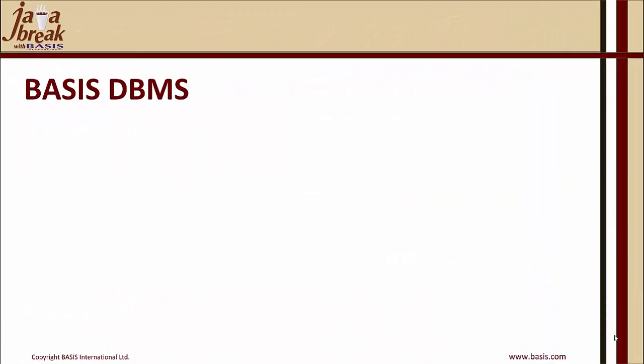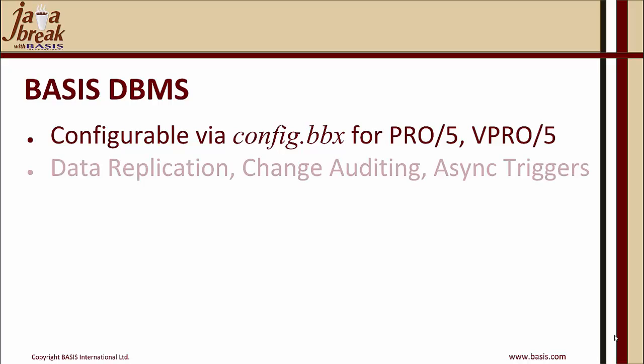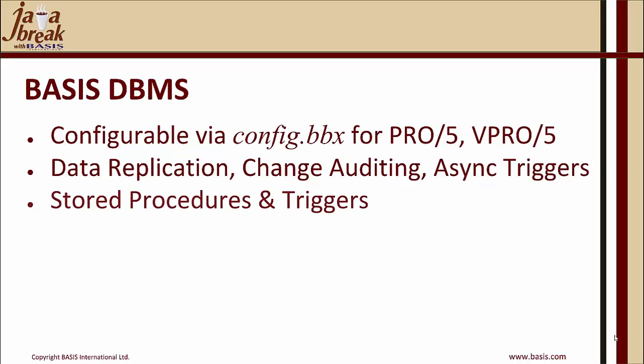Let's have a look at some of the highlighted features of the Basis DBMS that you can now have access to with the Extended Edition. It's configurable via the config.bbx for use with Pro 5 and Visual Pro 5 interpreters. You have data replication, change auditing, asynchronous triggers, stored procedures and triggers, Lucene search indexing, that's the Google-like fast searching that you can perform on any Basis data file without rewriting the data file in any way, shape or form, and also it'll be maintained for you automatically by the database management system.